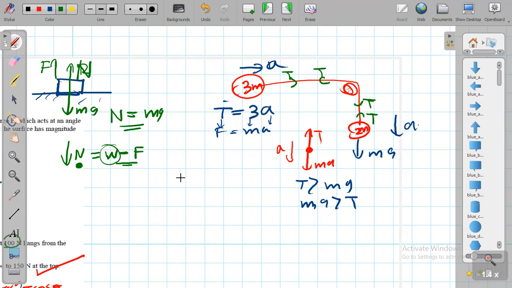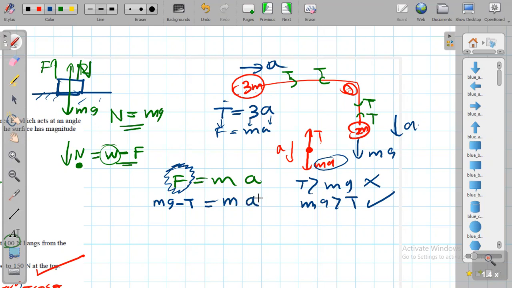Now have a good look, I can write an equation again. F equals ma. Last week I taught you F is nothing other than the resultant. The resultant is mg minus T, because mg is the greater one. This is right, this is wrong. It equals the mass M times a. Now I can plug this T into here using this equation.